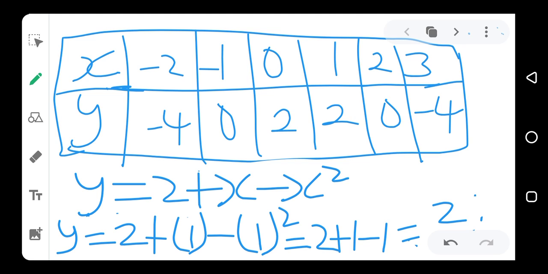When x is equal to 2, if you solve it, you are going to get y as 0. Let me also solve it.